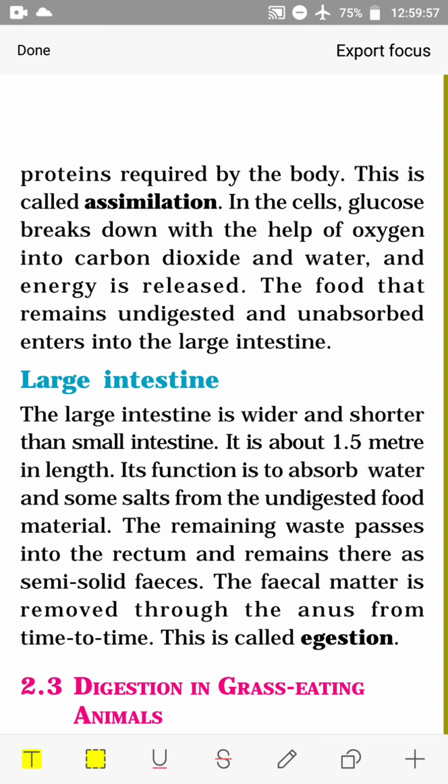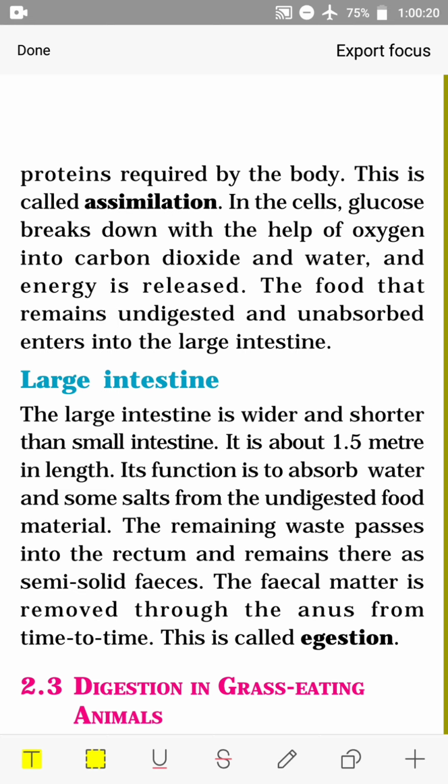This is called assimilation. So we are learning the steps of nutrition. First step ingestion, then digestion, then absorption, then assimilation. When it enters into the cell and the cell is ready to use this, at that time we say this is called assimilation.